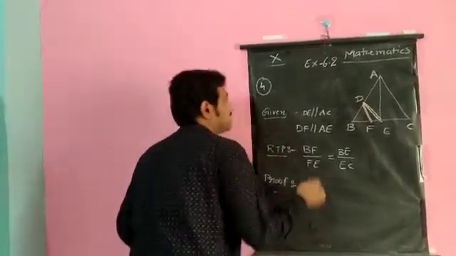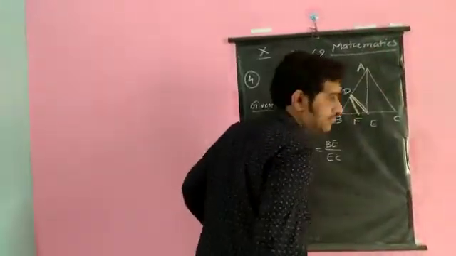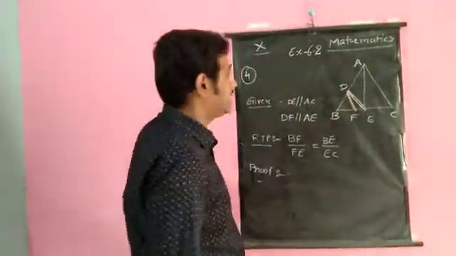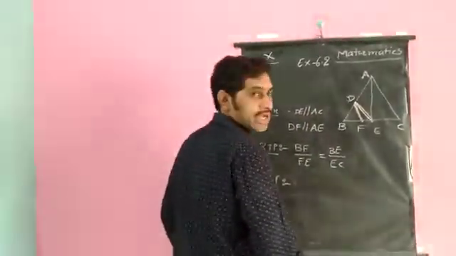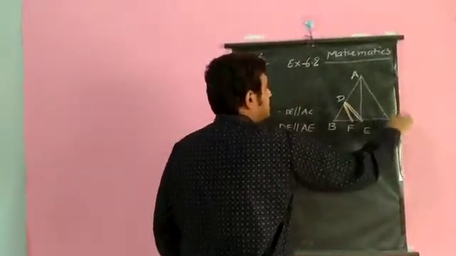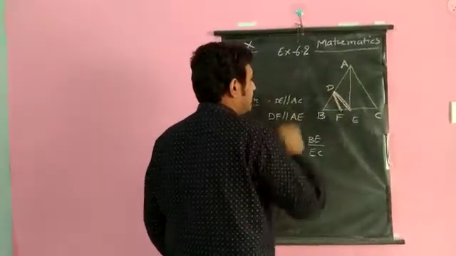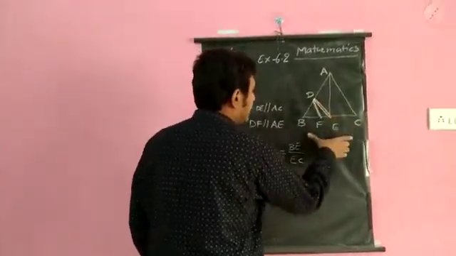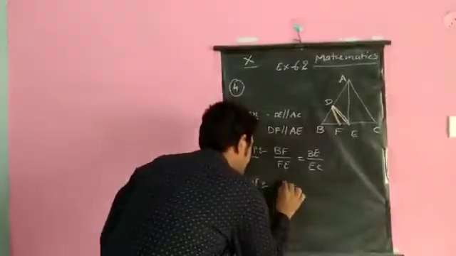Since DE is parallel to AC, we need a triangle in which AC and DE both appear. In triangle ABC, D is on side AB and E is a point on side BC. So we take triangle ABC.